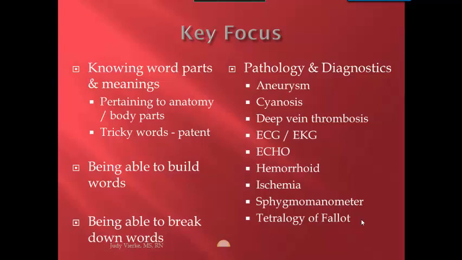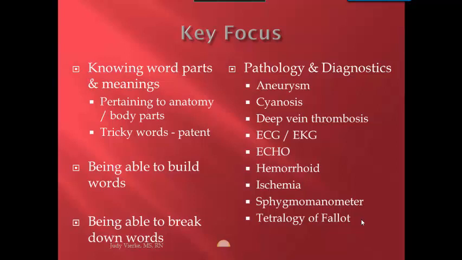Echo, for echocardiography or echocardiogram, is an ultrasound of the heart, and we use the term echo because it's bouncing off that moving heart. Hemorrhoid is a varicose vein or a bulging, twisting vein in the anal rectal region. Ischemia is the condition of holding back blood flow from the tissue, and then we worry that it might become necrotic, or we might have an infarction, like a myocardial infarction, a heart attack.